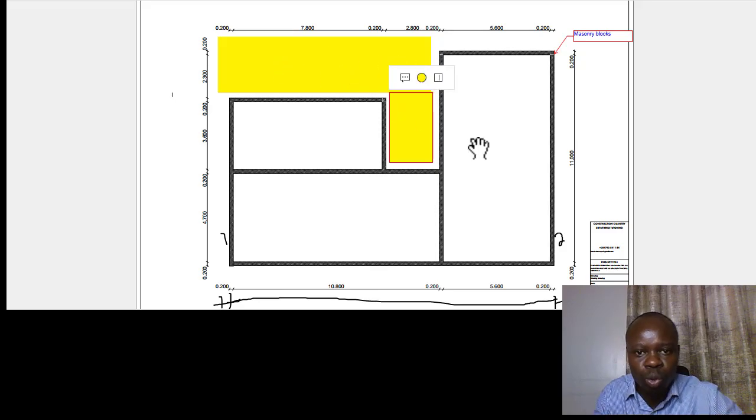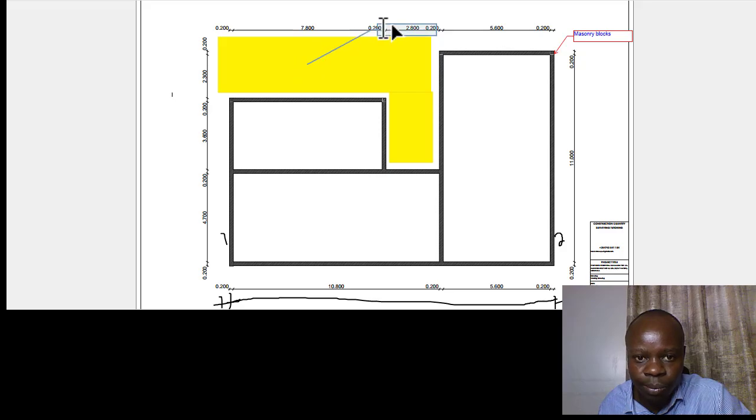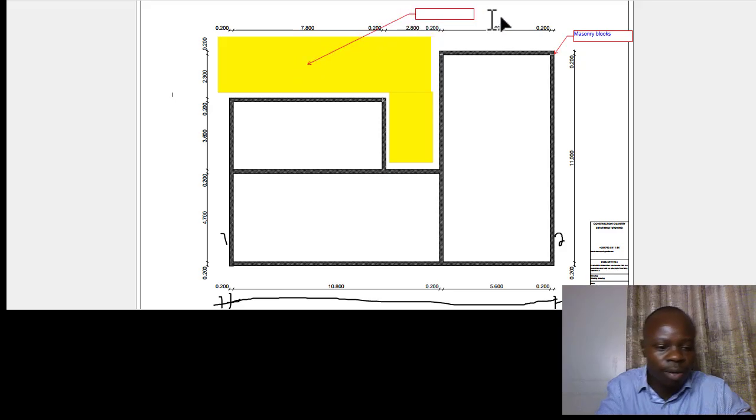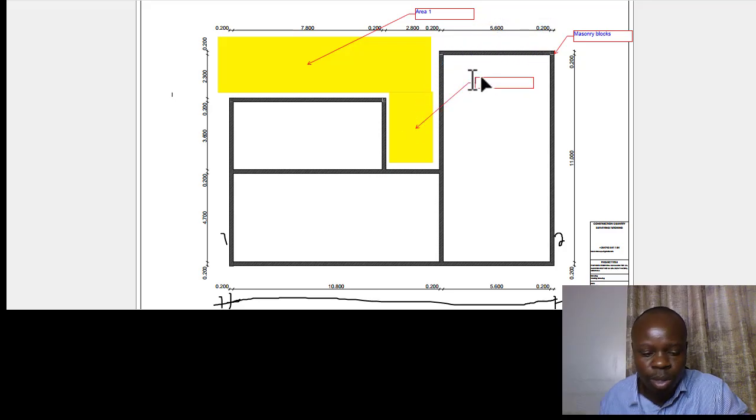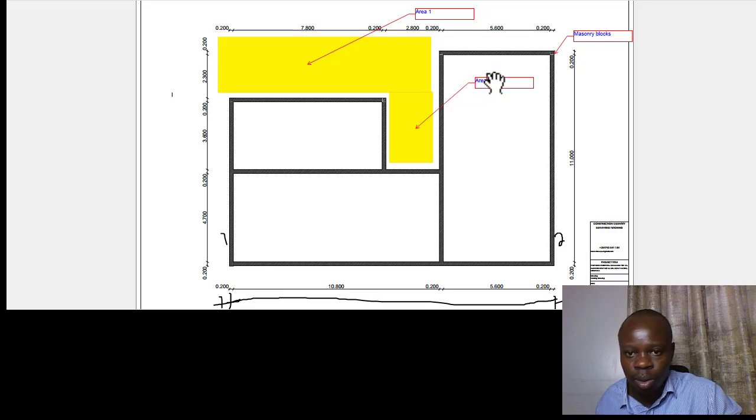So what we need to do is get those particular dimensions. We can call that area 1, and the other one area 2, both of which we need to deduct from the overall area that we had measured, from the overall bigger area.